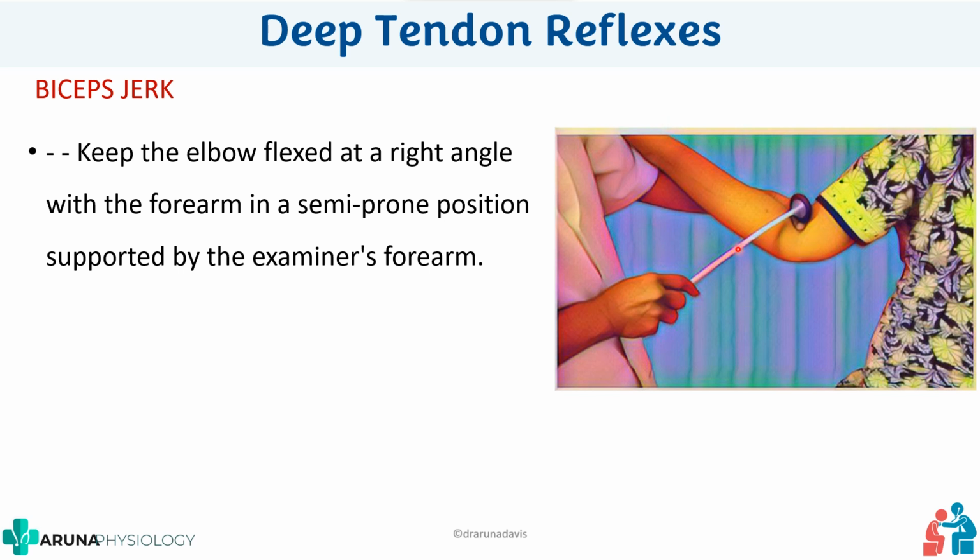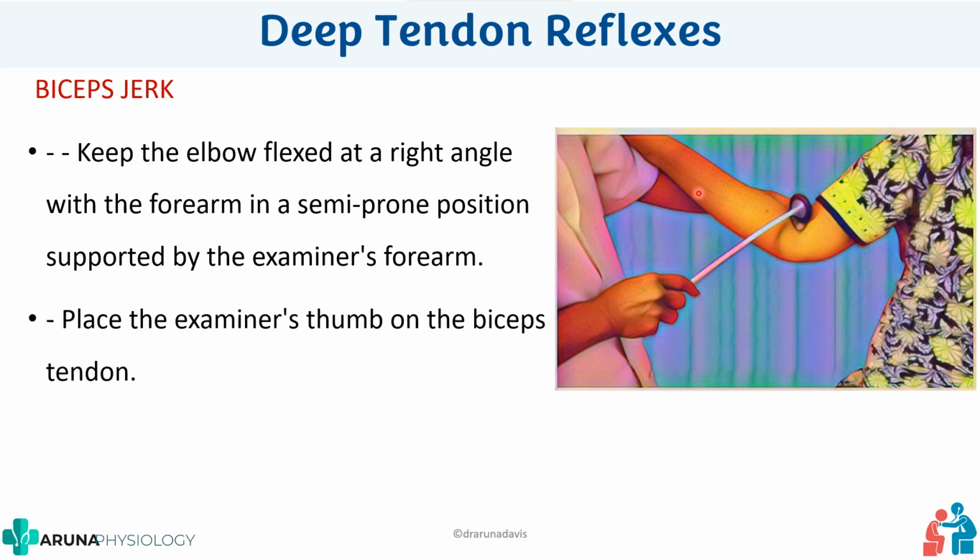Not only that, it should be supported by the examiner's forearm. See here, the examiner is supporting the forearm. The patient is actually keeping his or her hand over the examiner's forearm. So this is how the position should be.